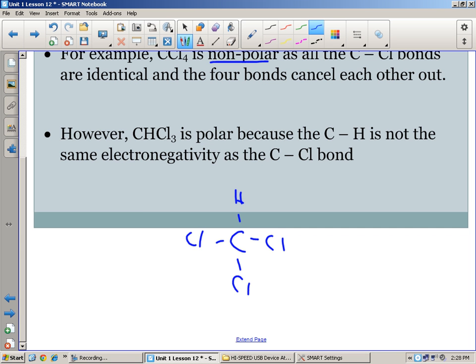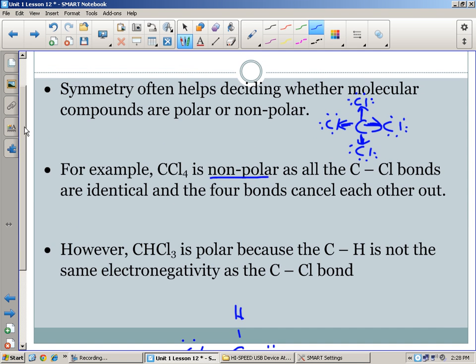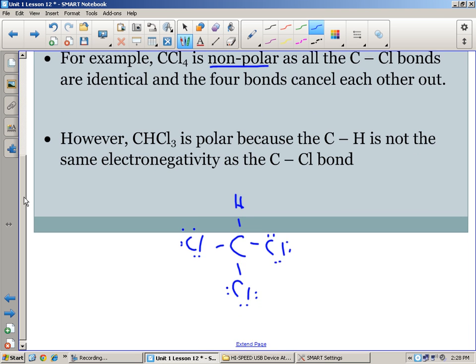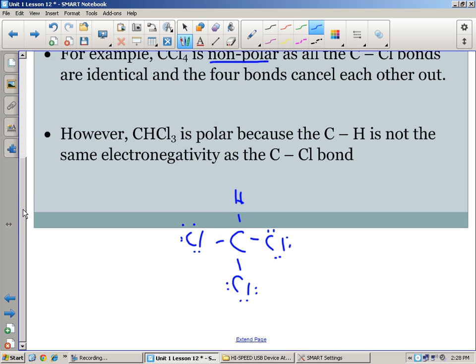If we change one of those, in other words, if it's not symmetrical anymore, see that one was nice and symmetrical, looked the same all the way around. This one, not the same all the way around. Are these forces all going to cancel each other out? And the answer is no. And if they don't all cancel each other out, we have a polar molecule in this case, and you know that because I told you that.